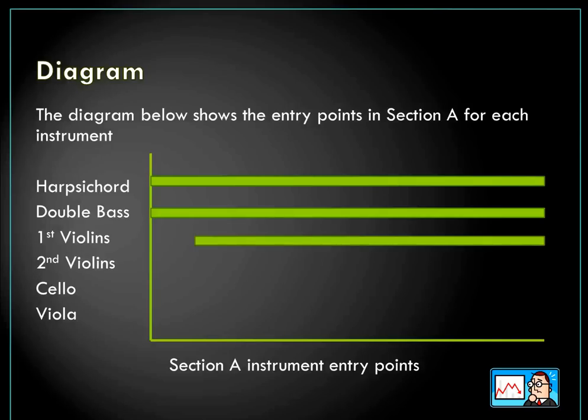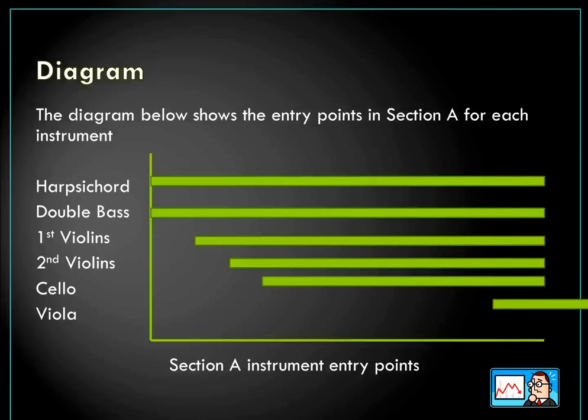The first violins come in next, and then the second violins come in next, and then after that the cello and the viola come in together. And as said, that's for section A, and it basically continues all the way through for section B and C. And that, I'm hoping, has helped you with writing an answer for texture.